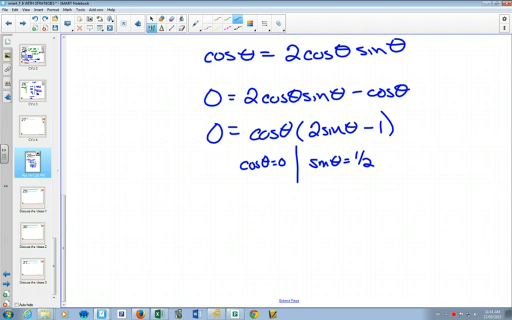When is cos equal to 0? Pi divided by 2, and 3 pi divided by 2. And when is sine equal to 1/2? Pi over 6, and 5 pi over 6.